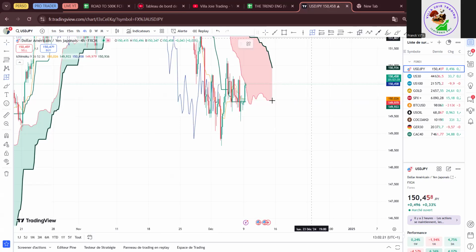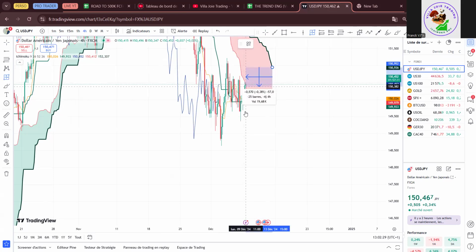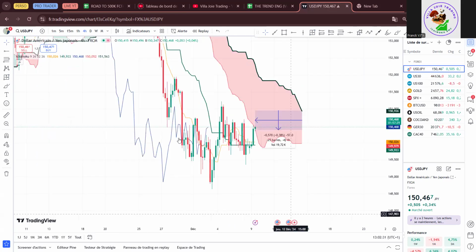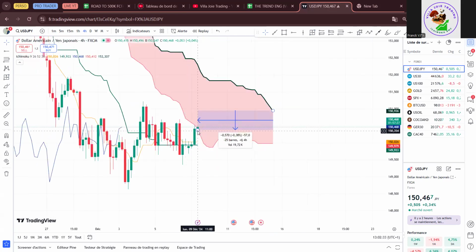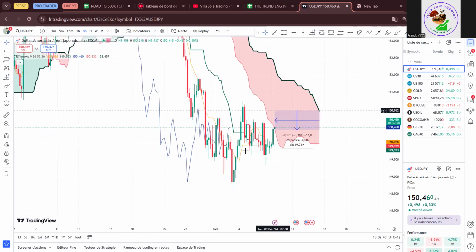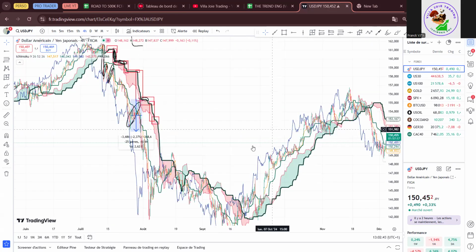You take the ruler, you place it on the mouth of the cloud, and then you select the most recent candle. You see that the most recent candle is exactly 25 candle behind, from this point to this point. From this candle to this cloud mouth is 25 bars. So let us continue then.